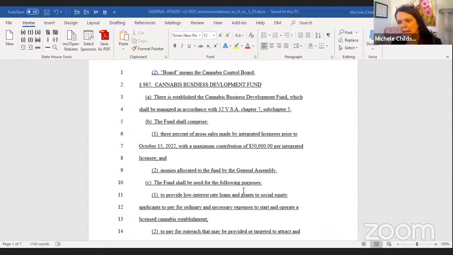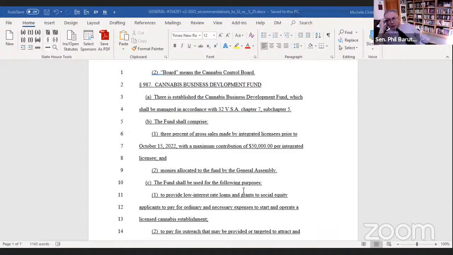Because there's 5 dispensary licenses currently, there could be a maximum of 5 integrated licensees. So you could see potentially $250,000 coming from dispensaries into the Cannabis Business Development Fund.